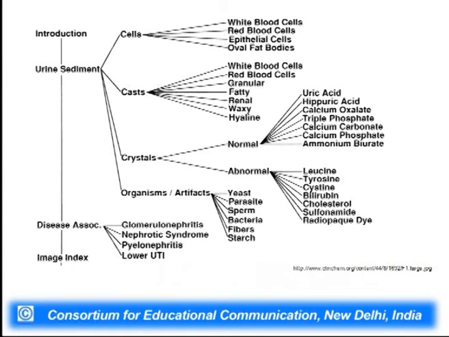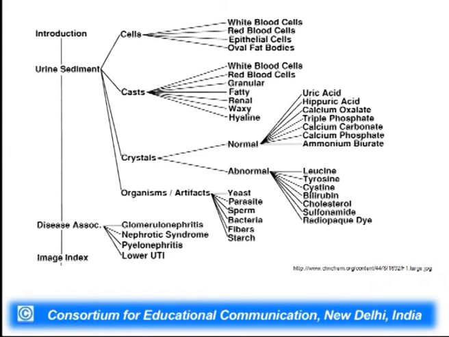In crystals, in the normal form, uric acid, calcium oxalate, triple phosphate, calcium carbonate, calcium phosphate and ammonium biurate are observed, while in abnormal cases leucine, tyrosine, cystine, bilirubin, cholesterol and sulfonamide crystals can be observed.